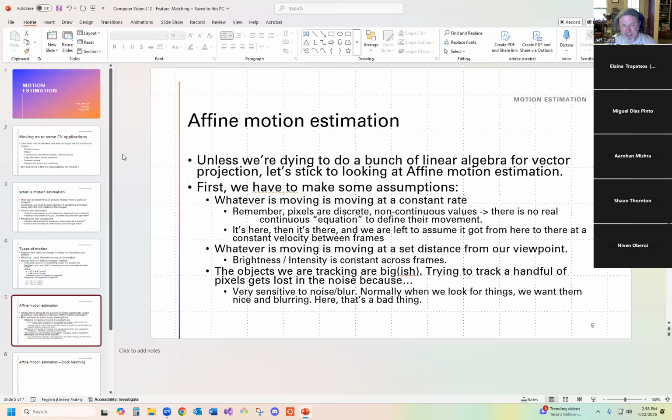So because we can't continuously define what is in each pixel, we likewise cannot continuously define their movement. So when we look at motion from one frame to the next, we have to assume that it got there between frames at a constant rate. That's the first assumption we have to make.